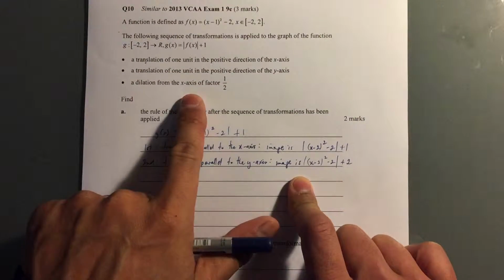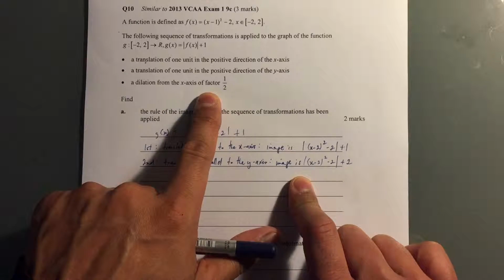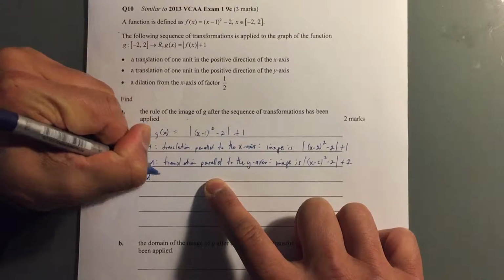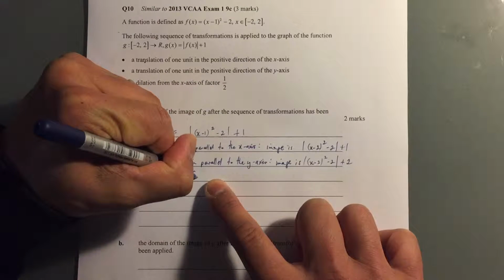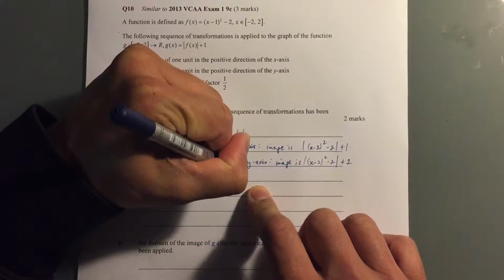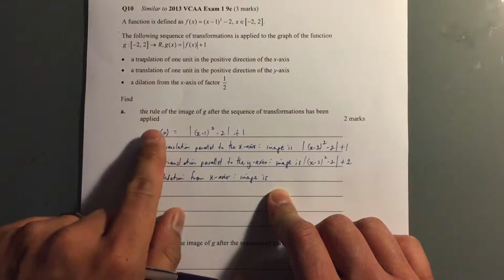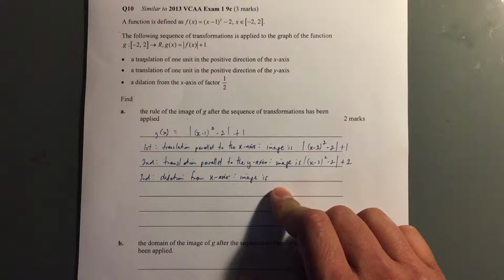And finally, dilation from the x-axis by a factor of a half, which means that g of x goes to half outside of g of x.